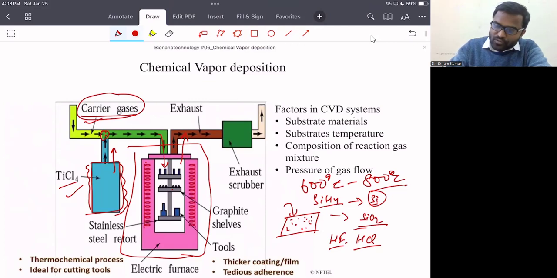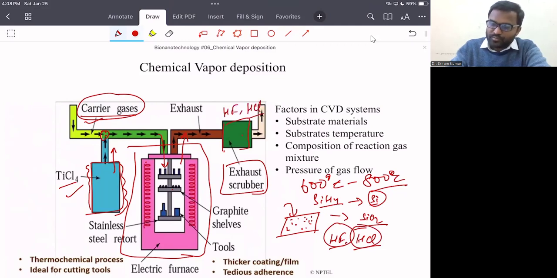Here we can use an exhaust scrubber, which removes the toxic elements from the gas before releasing it into the atmosphere. So these are the key elements in the chemical vapor deposition technique.